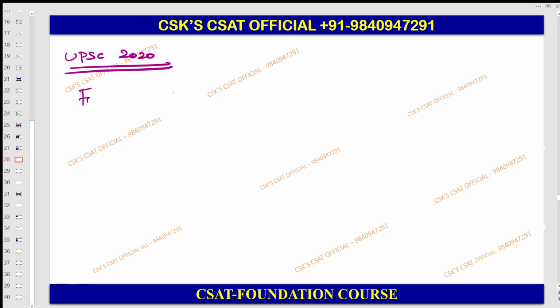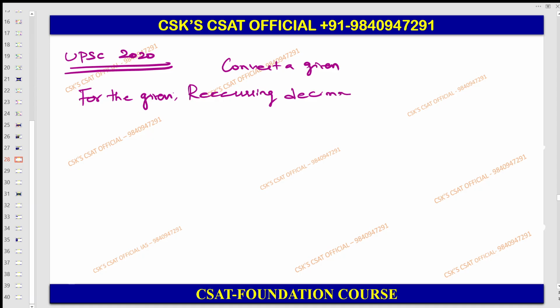Convert a given recurring decimal into a fraction. This question was there. Convert a given recurring decimal into a fraction.